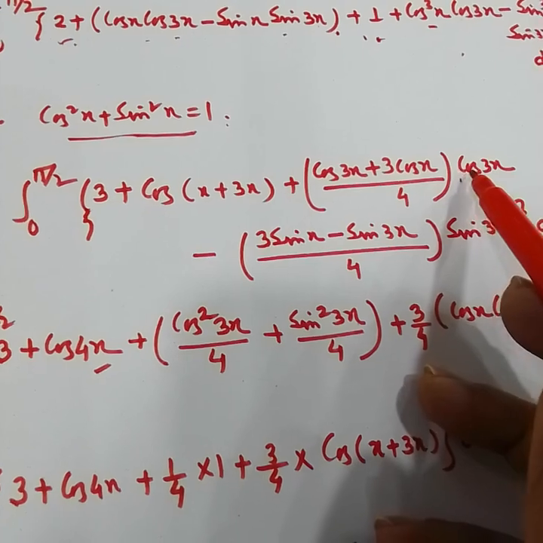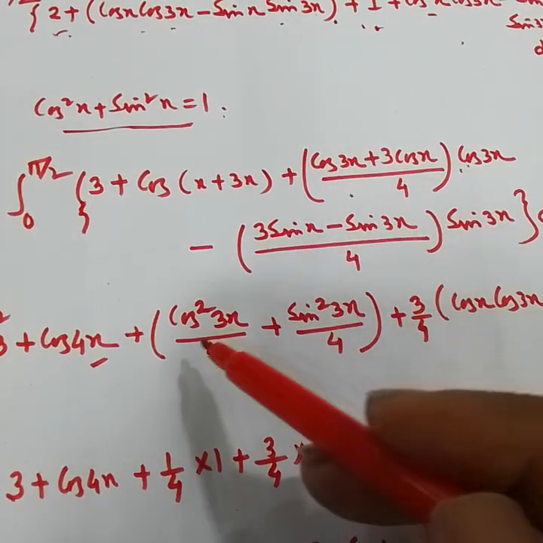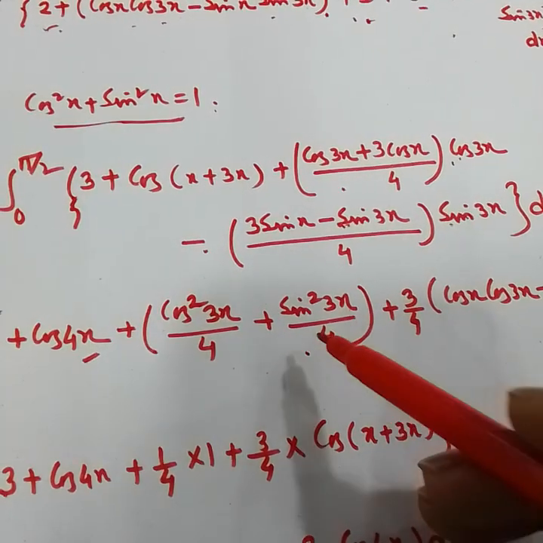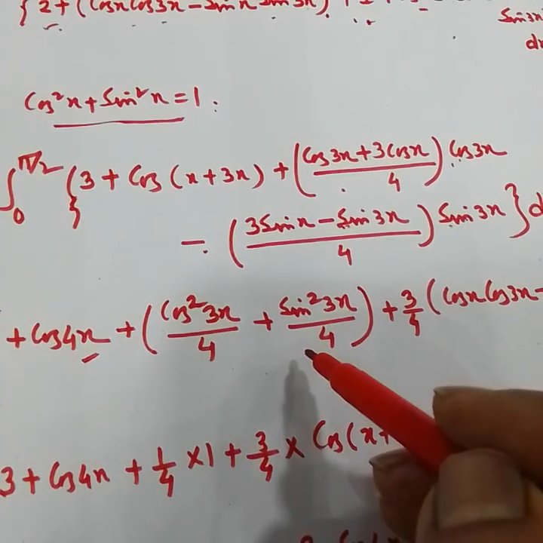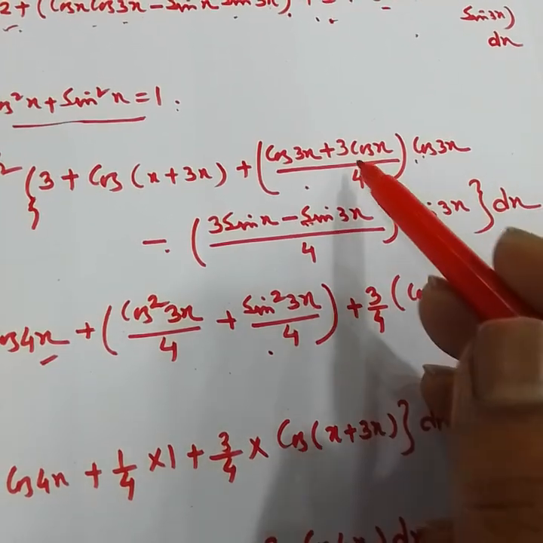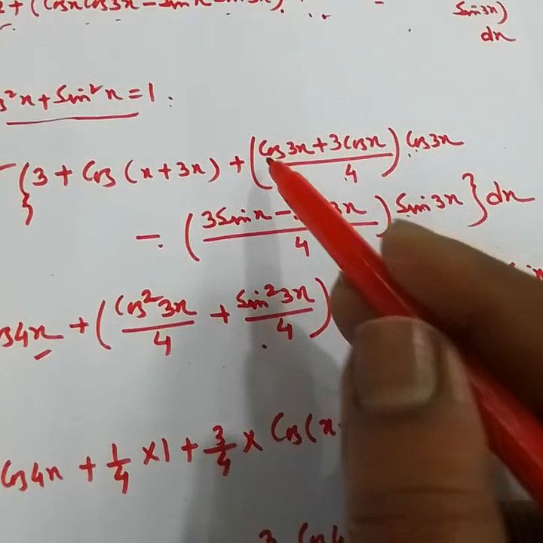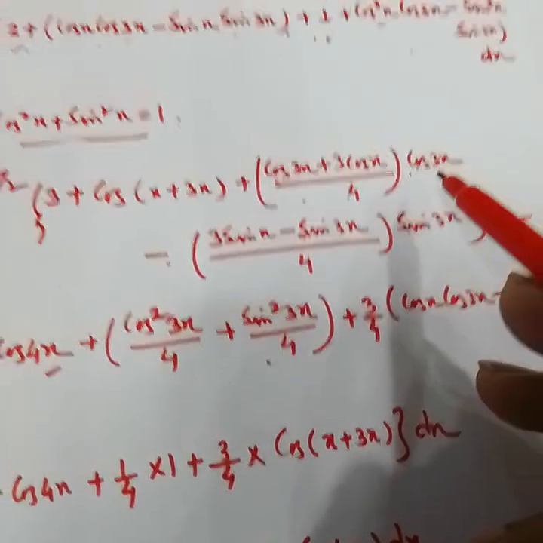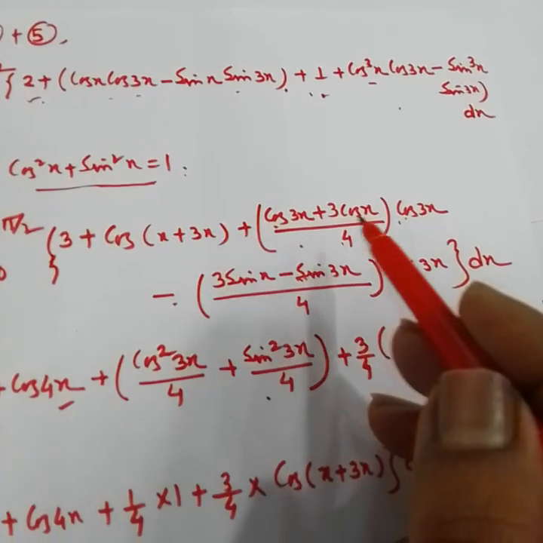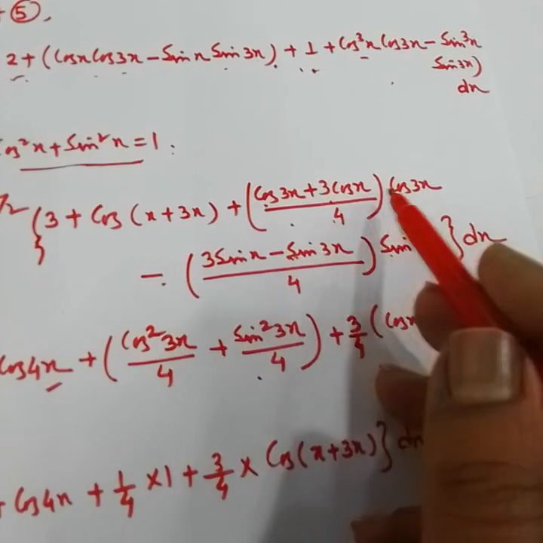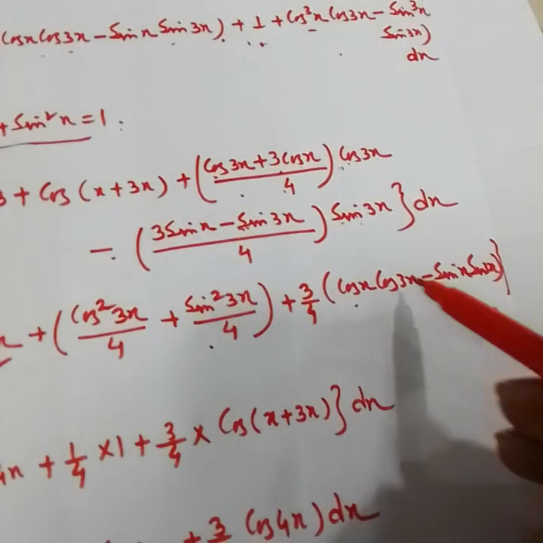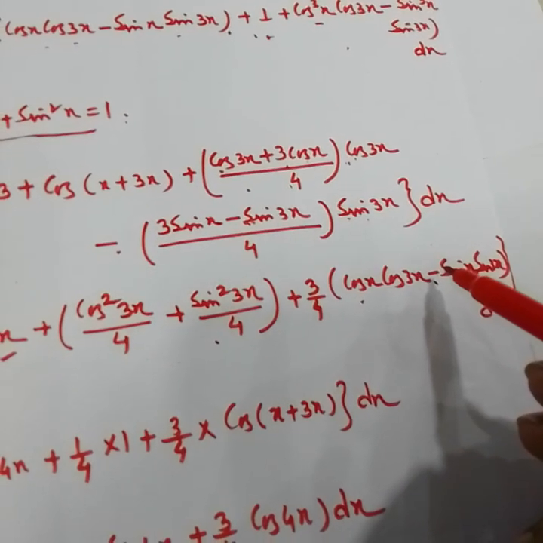If we multiply here, we get cos square 3x by 4 from here and sin square 3x by 4 from here. Writing these two here, and for the other multiplications, taking 3 by 4 common, cos x into cos 3x, here it will be cos cube x, it is cos x into cos 3x minus sin x into sin 3x.